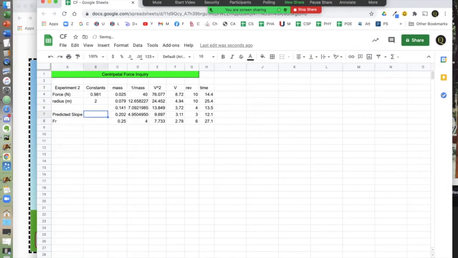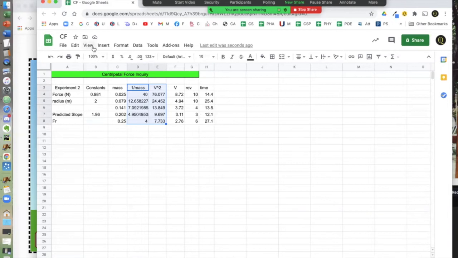So I'm going to do equals this force times this radius. And that right there should be the slope of the graph that I make when I graph 1 over mass versus V squared. That's what should be happening, I believe. Yeah, that's all right.